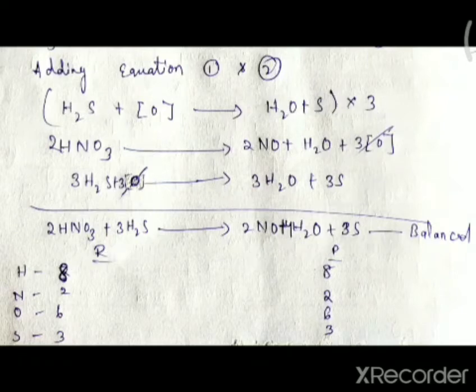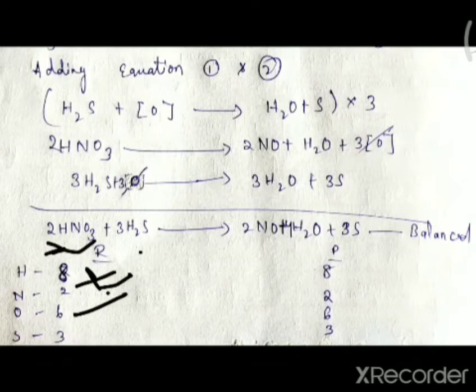So let's check whether it is balanced or not. Your hydrogen atoms: 8 are there. This one 3 times 2 is 6 plus 2 is 8. Then nitrogen, how many are there? Only 2. Then oxygen, how many? 3 times 2 is 6. Oxygen 6.